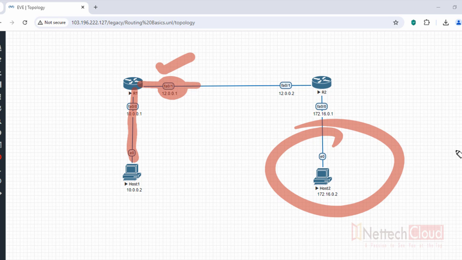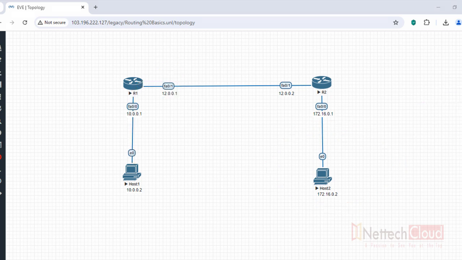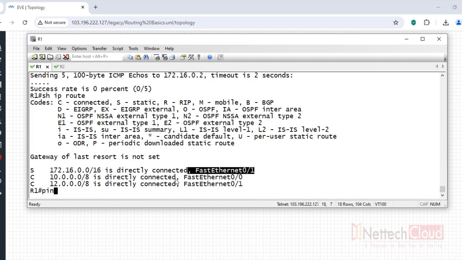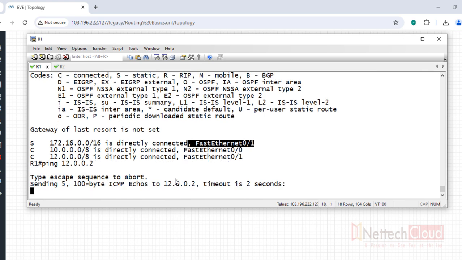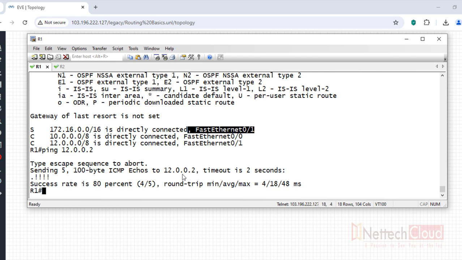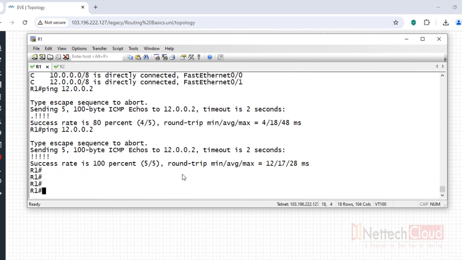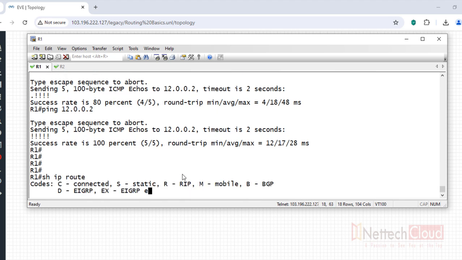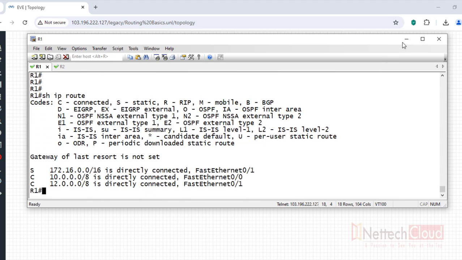So this way there should be proper communication, but no. And can we check the external interface IP, I mean 12.0.0.2, just to ensure reachability between both the routers? Yes, both the routers are very well connected, right?